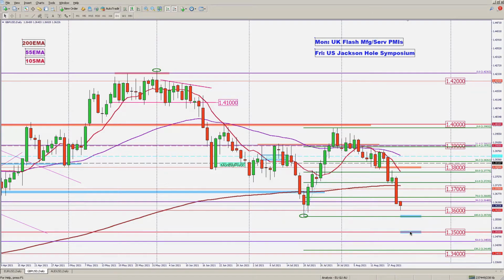Next key support is at the 135. Then the next one will be at the 50 fib, before it gets into the major support zone just above 134.